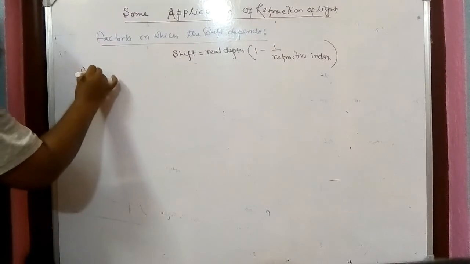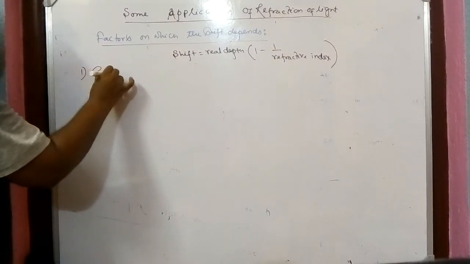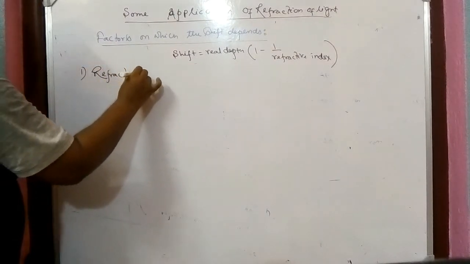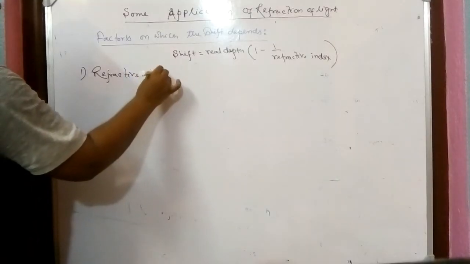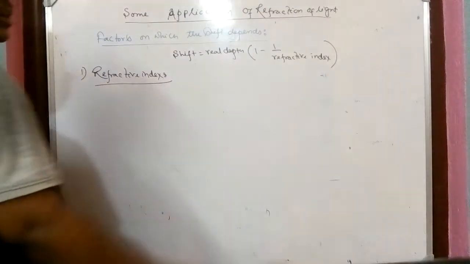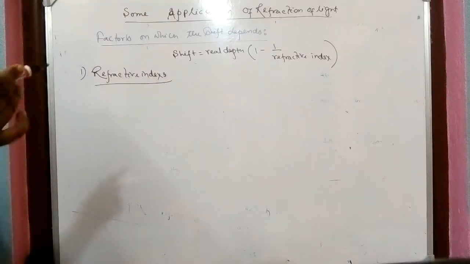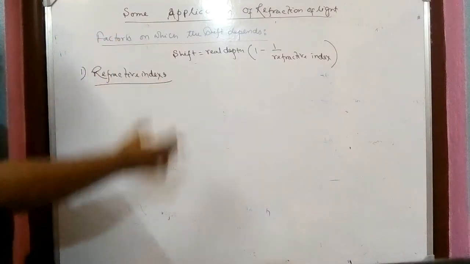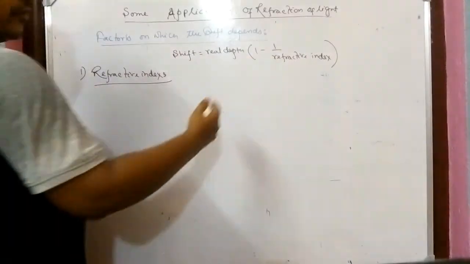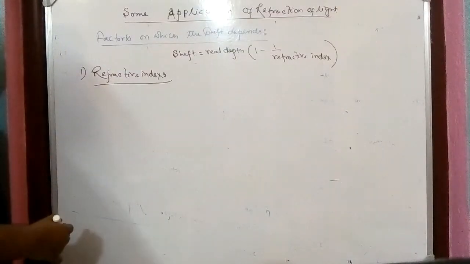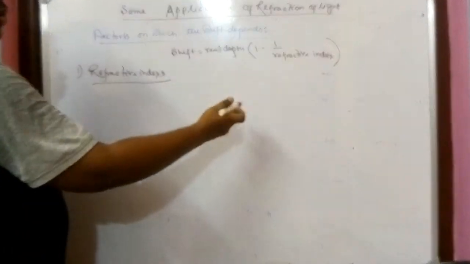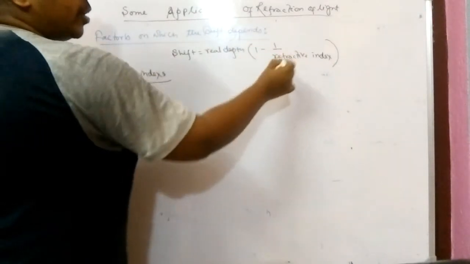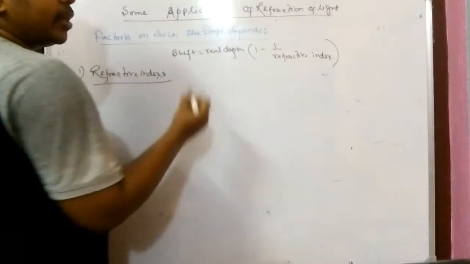Number 1, refractive index. So it is very clear that as the refractive index is subtracted over there and kept in the denominator, if the refractive index is increased, then the shift will also increase, because if the refractive index is increased, this value will be decreased.